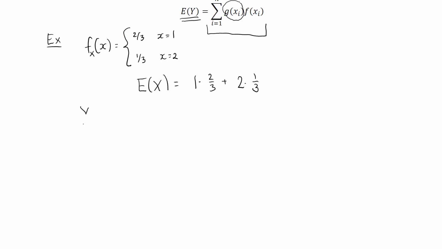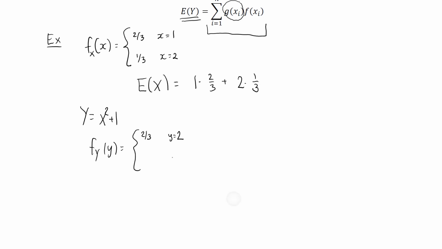So let's define a new random variable Y as X squared plus 1. Then the probability mass function of Y will simply be, well, when X is 1, Y will be equal to 2, and the probability for that will be the same, 2/3. Whenever X is 1, Y will become 2.